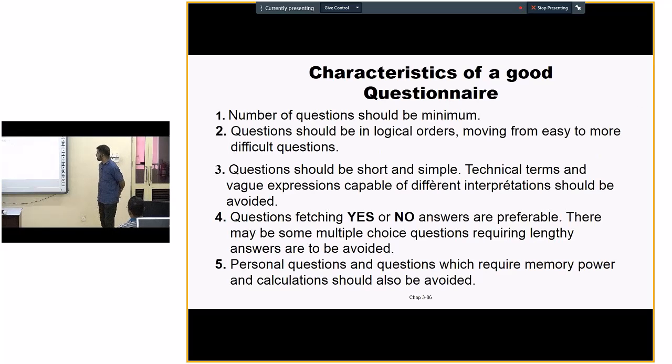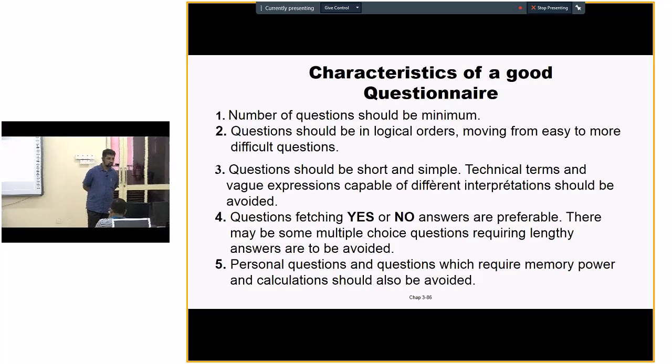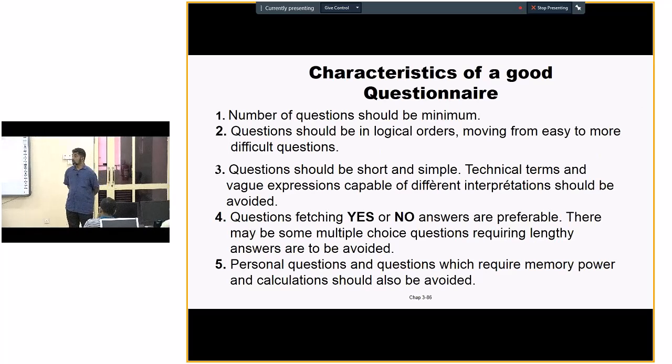Technical terms and vague expressions capable of different interpretation should be avoided. Sometimes we may have ambiguous or double-meaning words, and we have to avoid that type of word as much as possible.